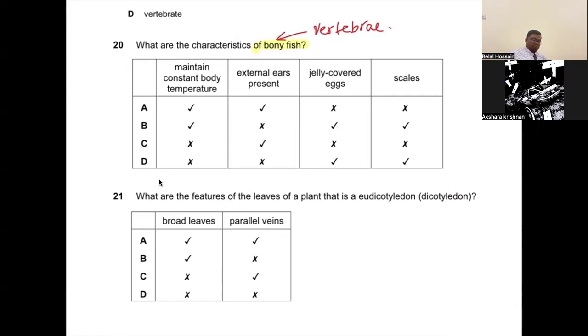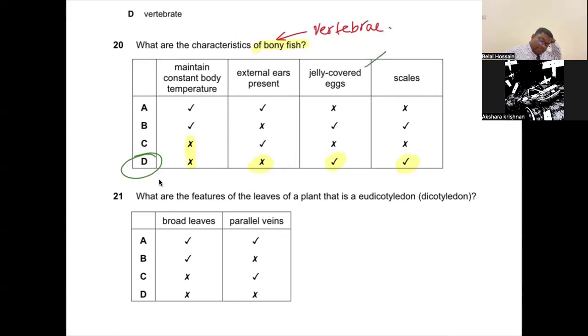Bony fish do not maintain constant body temperature. External ears called pinna present? No. Jelly covered eggs could be. Scales, yes. Get it? This is how we come to a conclusion like that, okay?